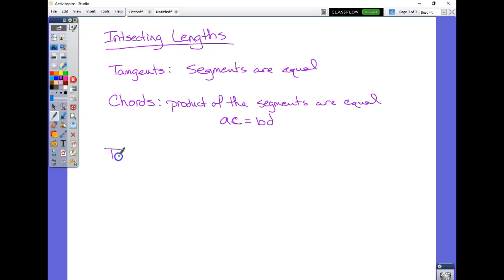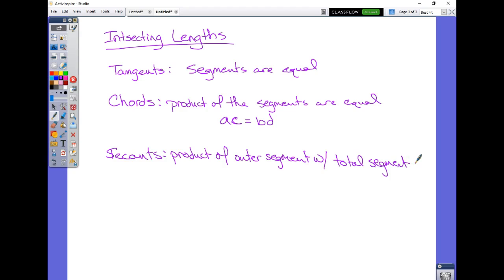And finally, if we talk about secants, you talk about the product of outer segment with total segment. Or again, if we look at how we had that labeled, that was A times A plus B is equal to C times C plus D.